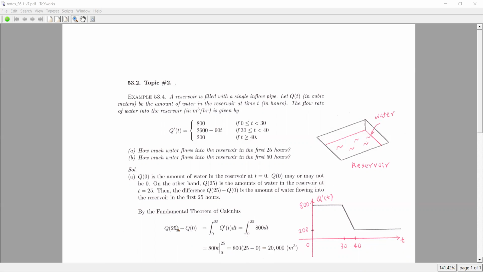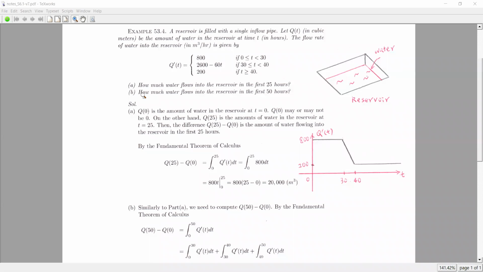That is, this difference is 20,000. Therefore, the conclusion to part A is 20,000 cubic meters of water flows into the reservoir in the first 25 hours.